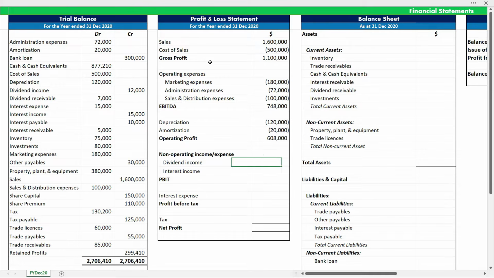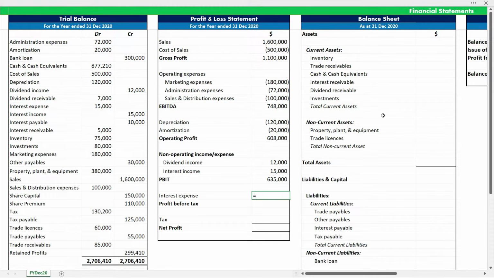In our case, both of these are income, so we will present them as positive value. So I'll say dividend income here is 12,000 and interest income here is 15,000. And then we can calculate the PBIT again by using the sum formula for all of these values. And here we have our PBIT.